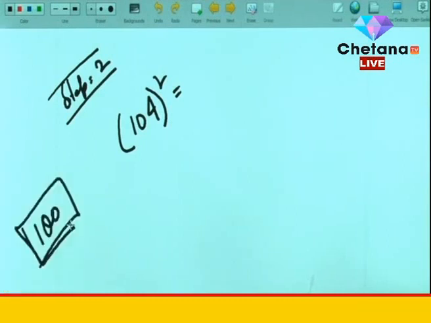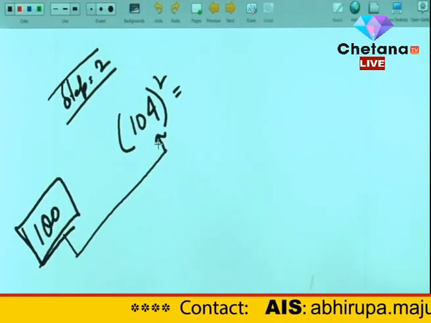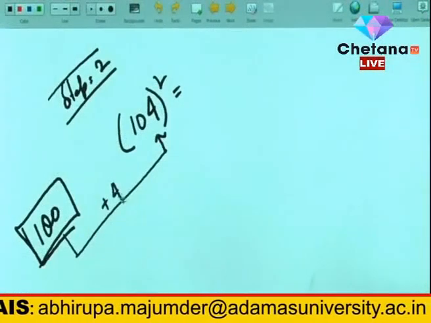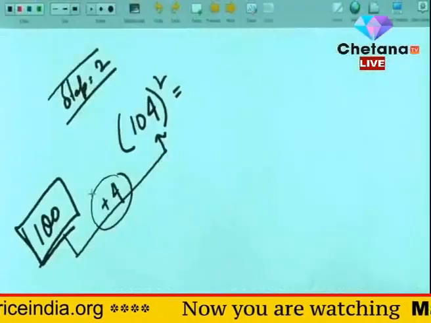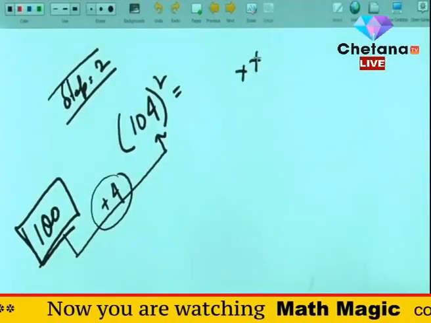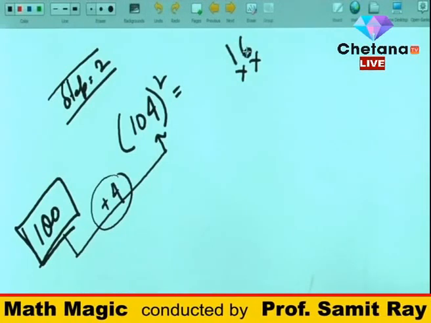We will see how much more this number is than 100. That is 4. We will make the square of that 4 first. The square of 4 is 16. We will put the result of that square here. That is 16.